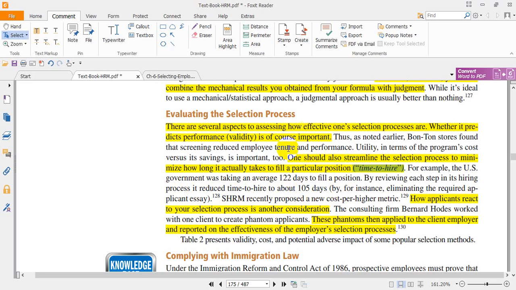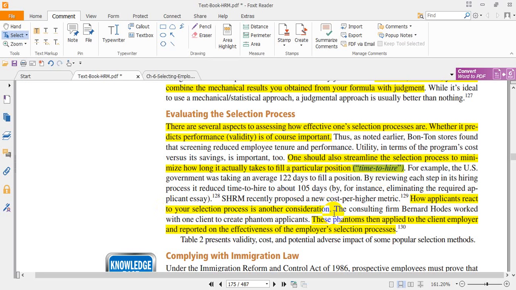Okay, so we evaluate the selection process according to the duration, how long it takes to fill a position. Time to hire, validity, and another aspect is how applicants react to your selection process.